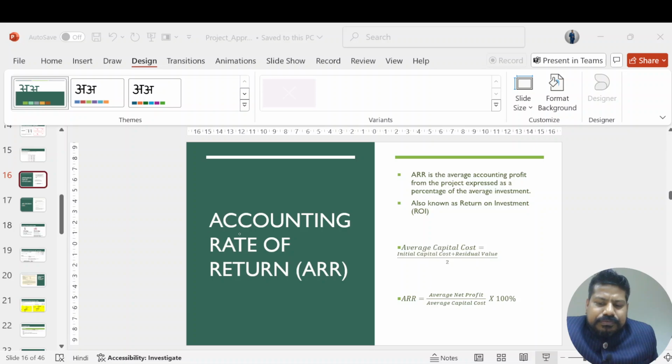So it's an average. If you recall, average net profit upon average capital cost. So this is your net profit and this is your capital cost. This gives you 26.7%.